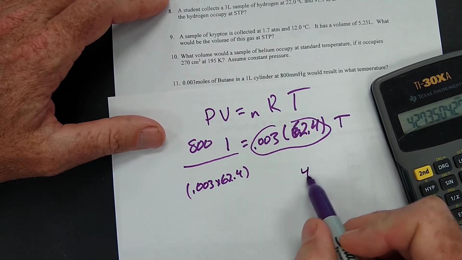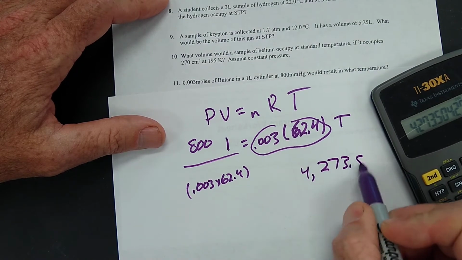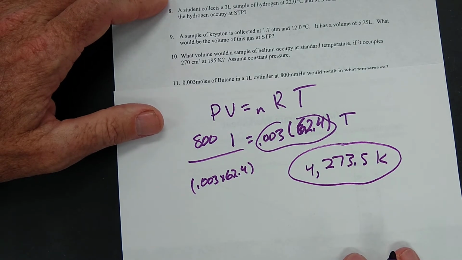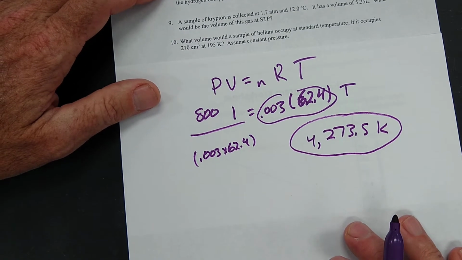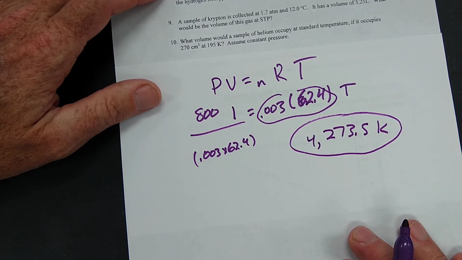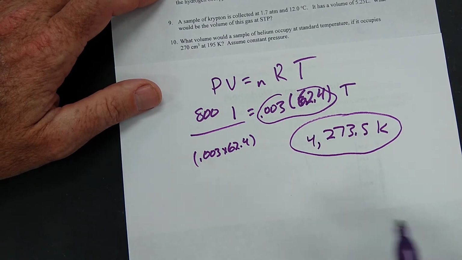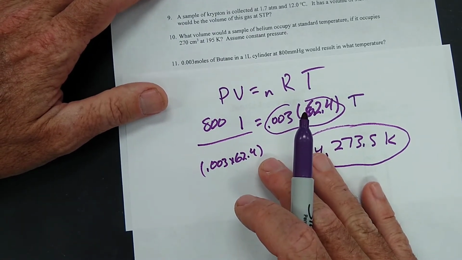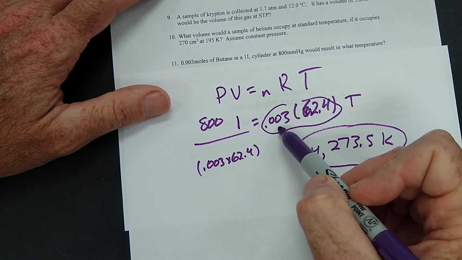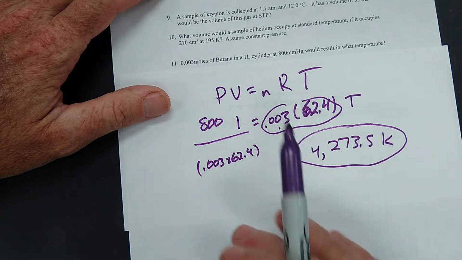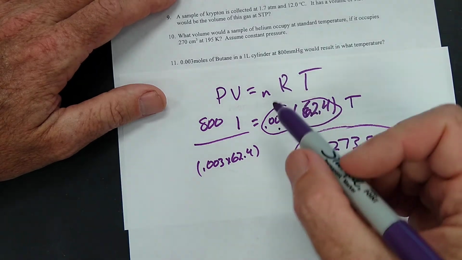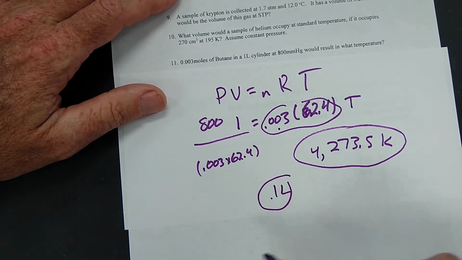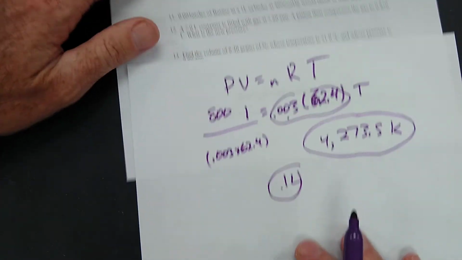Wow, 4,273.5 Kelvin. That'd be pretty dang hot, wouldn't it? I don't know why I don't like this. 800 millimeters of mercury. 0.003 moles in a 1 liter. Yeah, it's 1 whole liter. It's not what we did in the lab, when we used 0.1 liters. So that's it. All right, let's keep rolling.